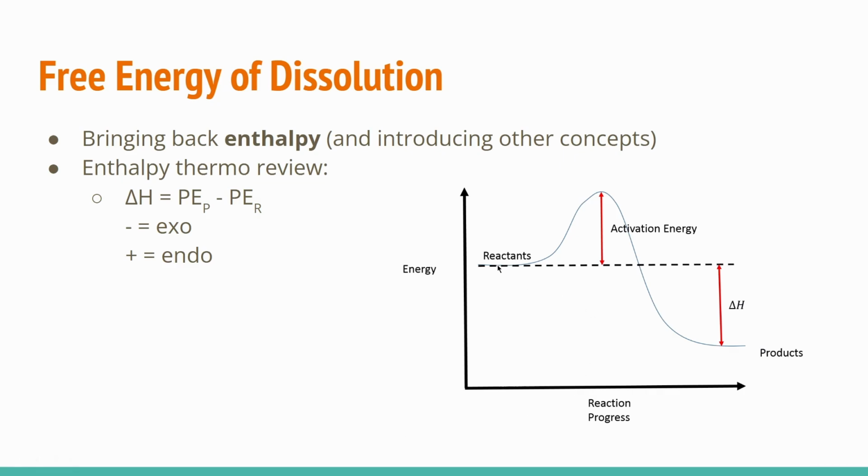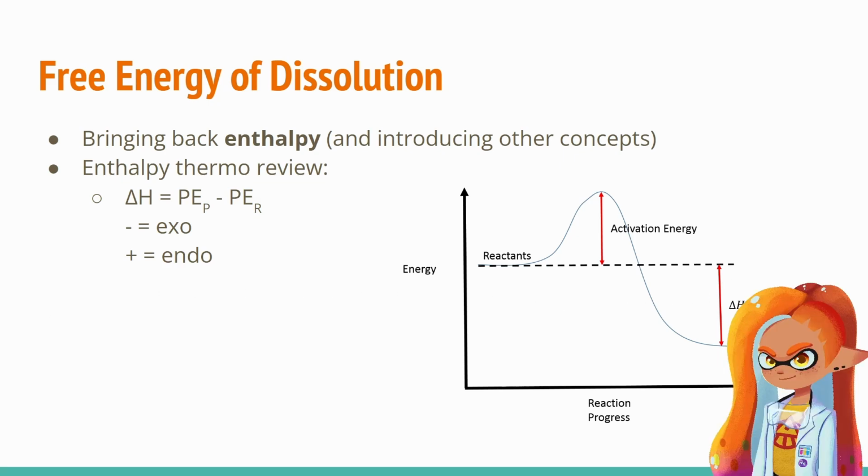So we have the potential energy of the reactants, the potential energy of the products, and we can calculate that using the delta H. As a reminder, we have exothermic, where energy is released, and endothermic, where energy is entering the system. And you need to know exo is negative, endo is positive, just to show direction.